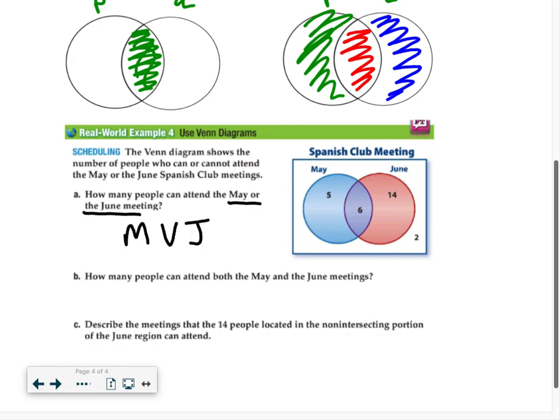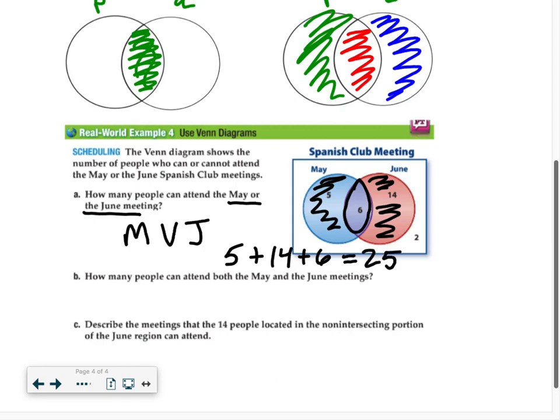If we're looking at this Venn diagram, how many can do May? 5, plus how many can do June? 14, plus we've got to look at the intersection as well. So we add all of those up. How many can do May or June? 5 plus 14 is 19 plus 6. We've got 25 people could do May or June.